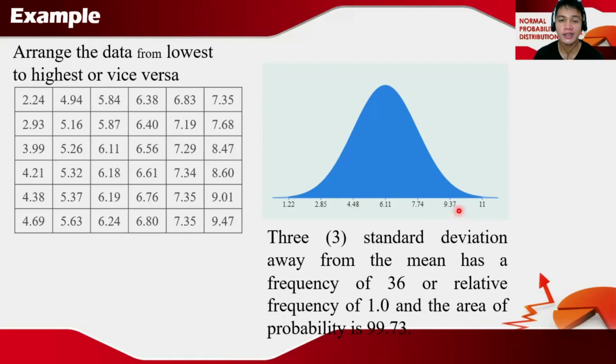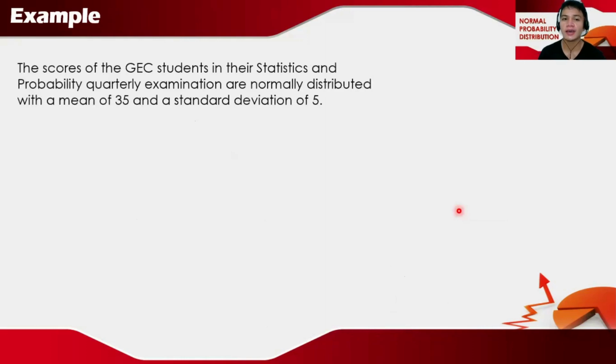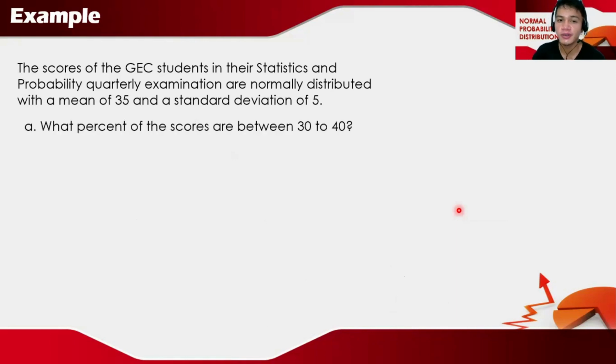For us to get a clear picture of this empirical rule, suppose we are to compute this problem. The scores of the GEC students in their statistics and probability quarterly examination are normally distributed with a mean of 35 and a standard deviation of 5. What percent of those scores are between 30 to 40?